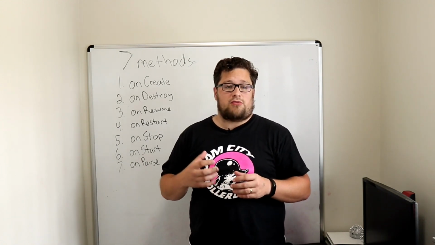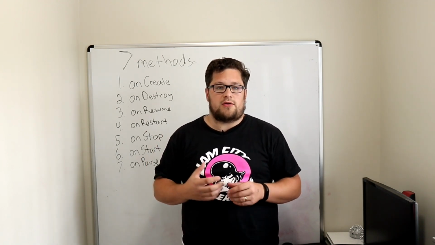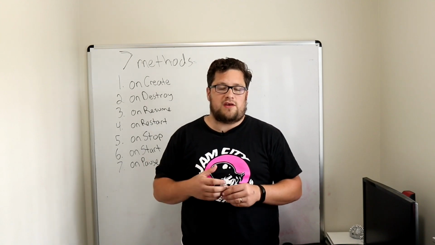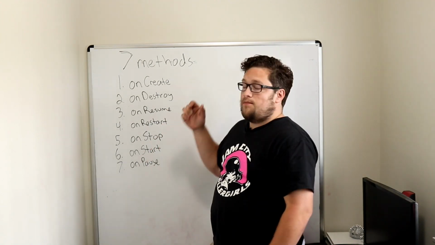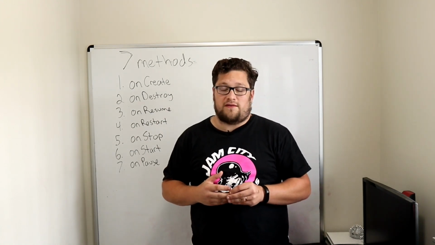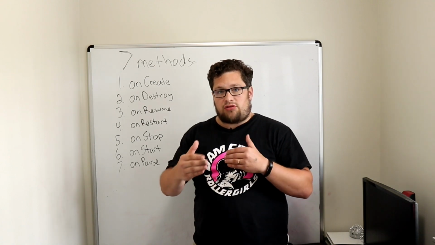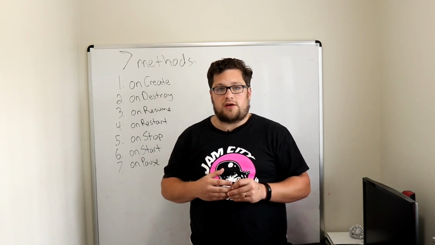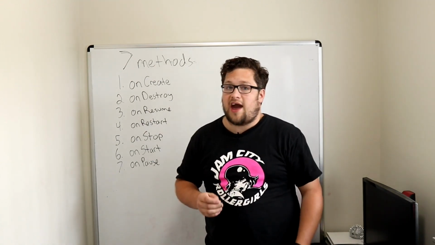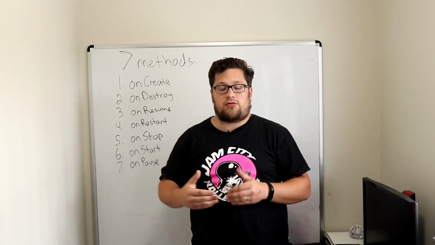Or maybe there's something that you actually need to do that's outside of the scope of memory, but you just need to do something when that activity closes. It's important to keep both of those as lightweight as possible. And actually, I'm going to say that's true for all 7 of these. But in particular, you want to make sure that as screens are navigating back and forth between each other, if you have a lot of processing happening between them, you will get a slow time for that next screen to launch.